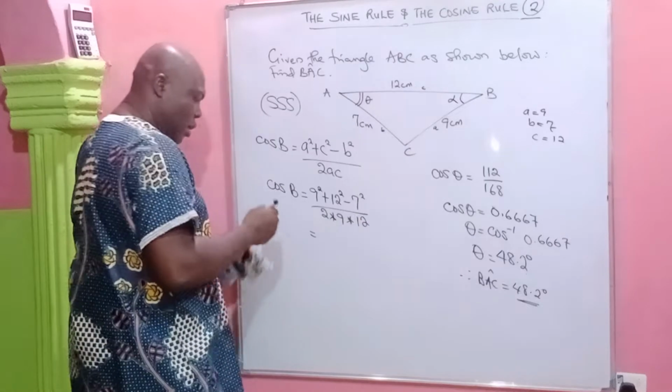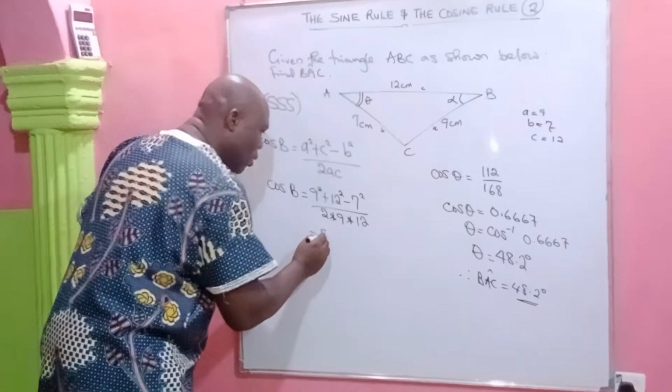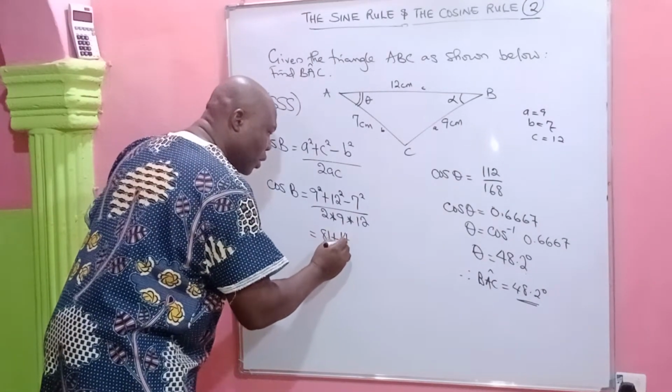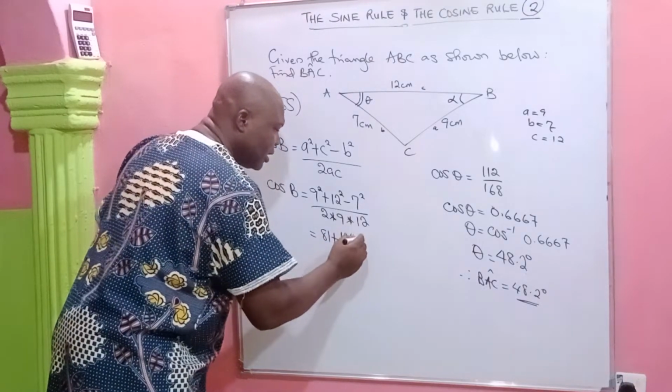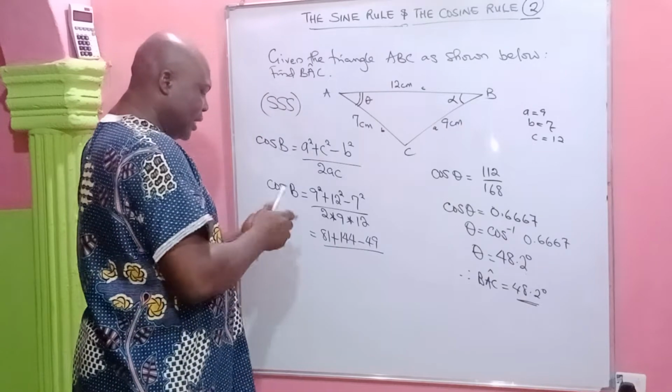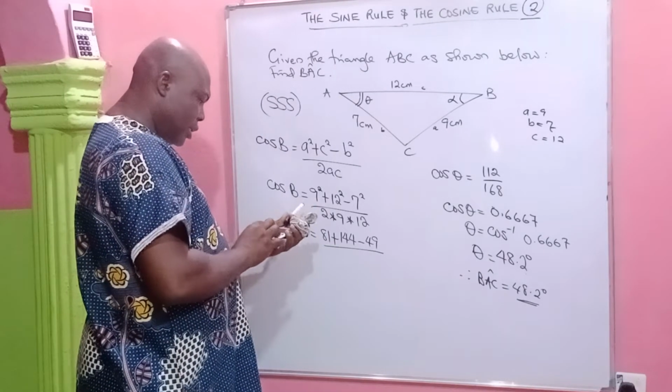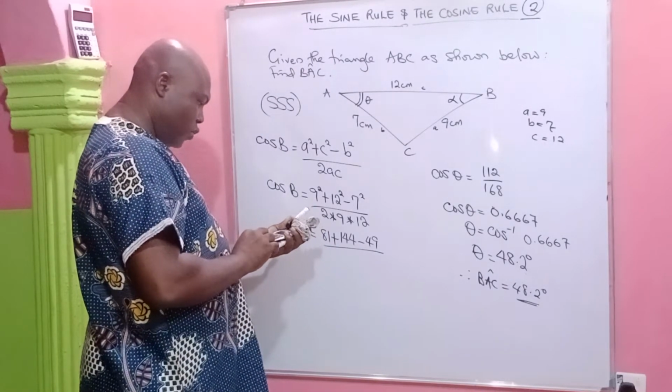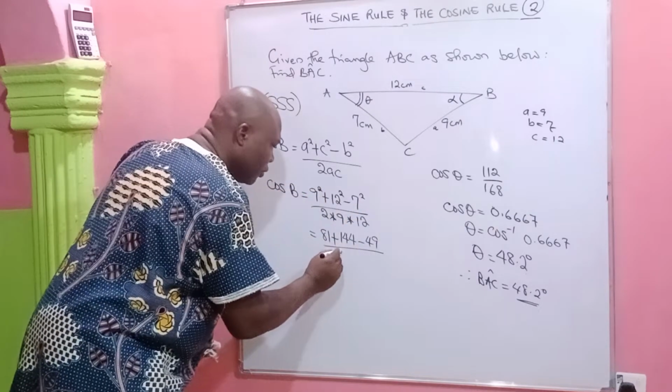So we are going to have 9 squared is 81 plus 12 squared 144 minus 7 squared 49, all over 2 times 9, 18, times 12, which is 216.